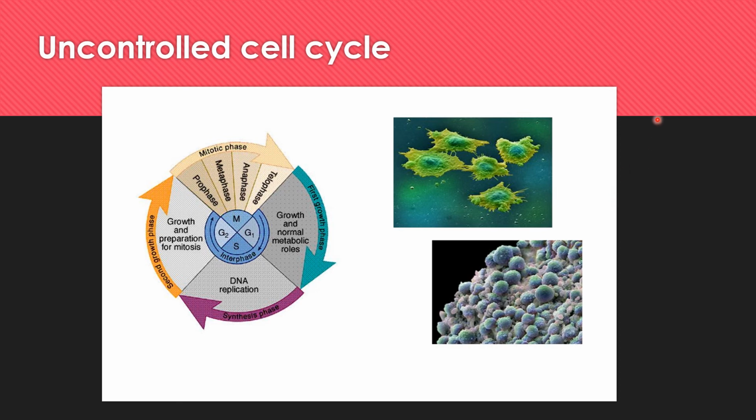A couple of things that make that uncontrolled cell cycle happen are environmental factors such as carcinogens, pollutants, and radiation interacting with the DNA can cause single cell damage, and from those mutations that might occur.